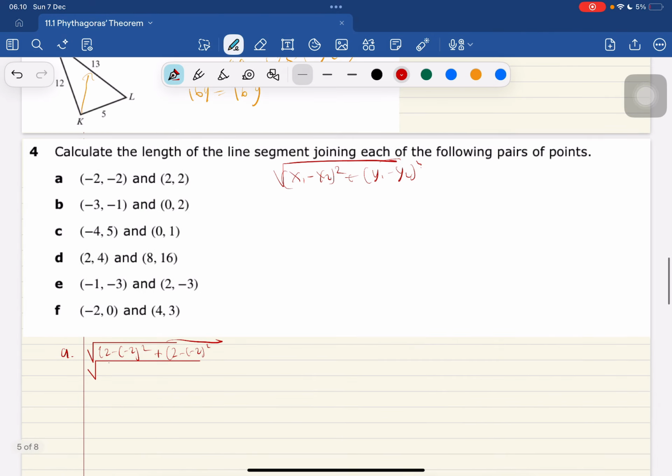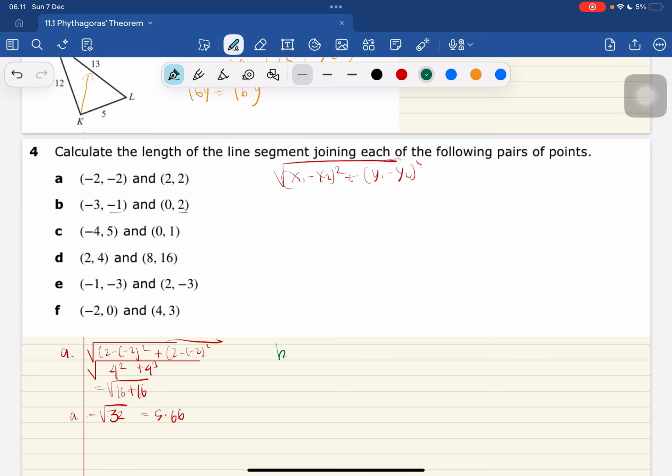Sorry for my battery. So this is 4 square plus 4 square. So this is square root of 16 plus 16. So for the A equal to square root of 32, or this is 5.66.